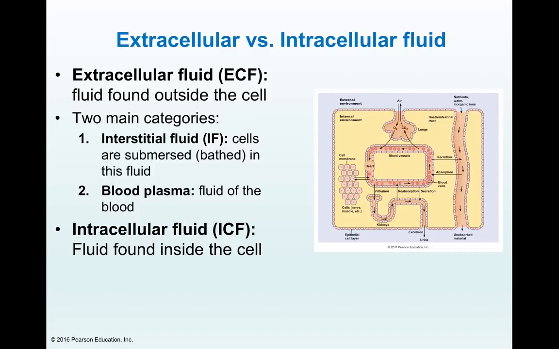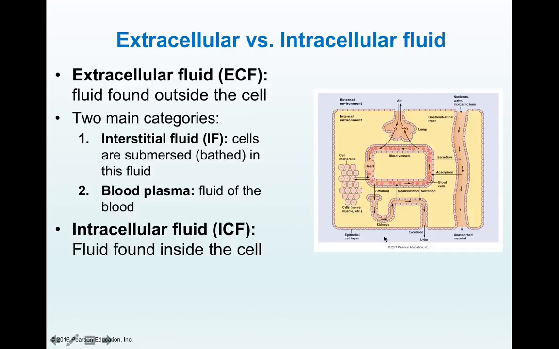Going back to the extracellular fluid, there are two main categories. Basically, the fluid that flows within your blood vessels, which we refer to as blood plasma, and fluid that is found between the cells, which is referred to as interstitial fluid, or IF.